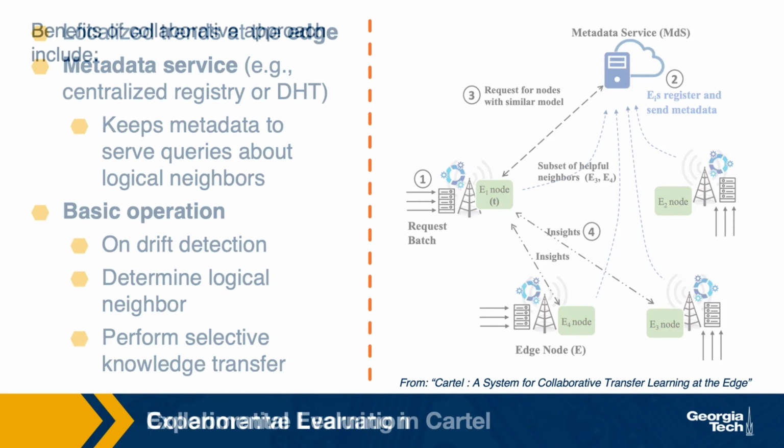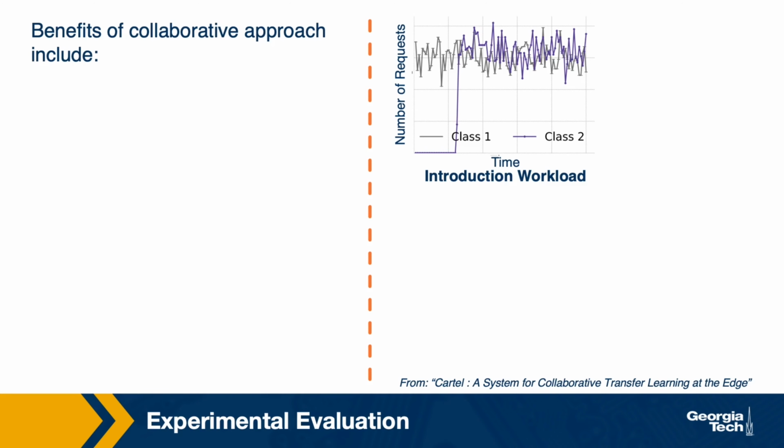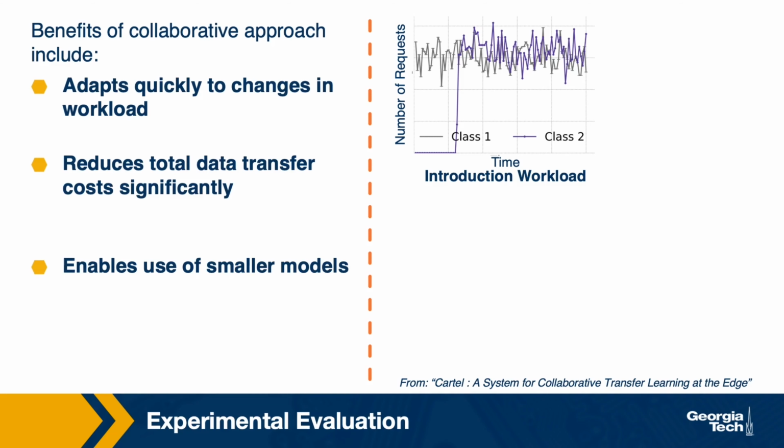transfer mechanism. In the evaluation performed in the original paper, we compared Cartel with two extreme baselines of having centralized or isolated learning. We used different workloads, meaning different patterns of how the distribution of classes changes over the geographic locations. We considered several metrics.